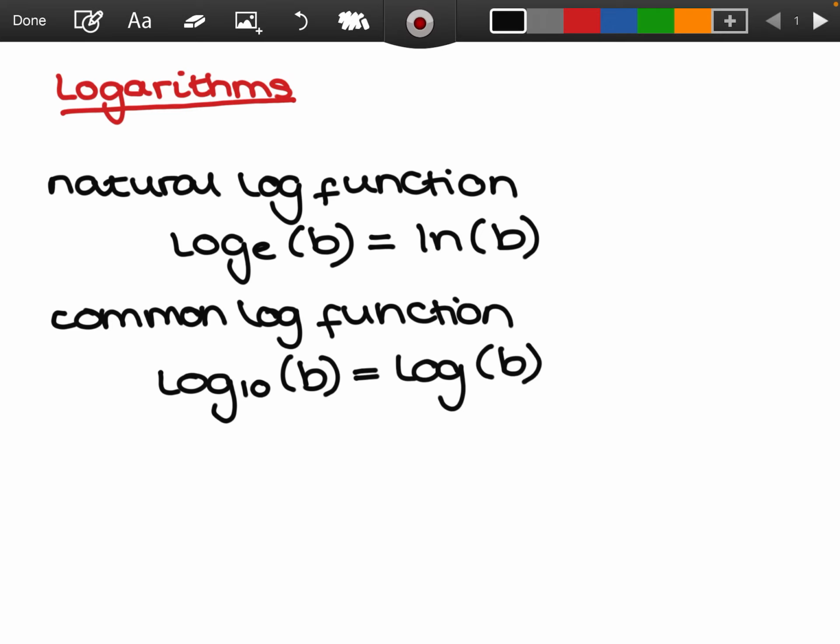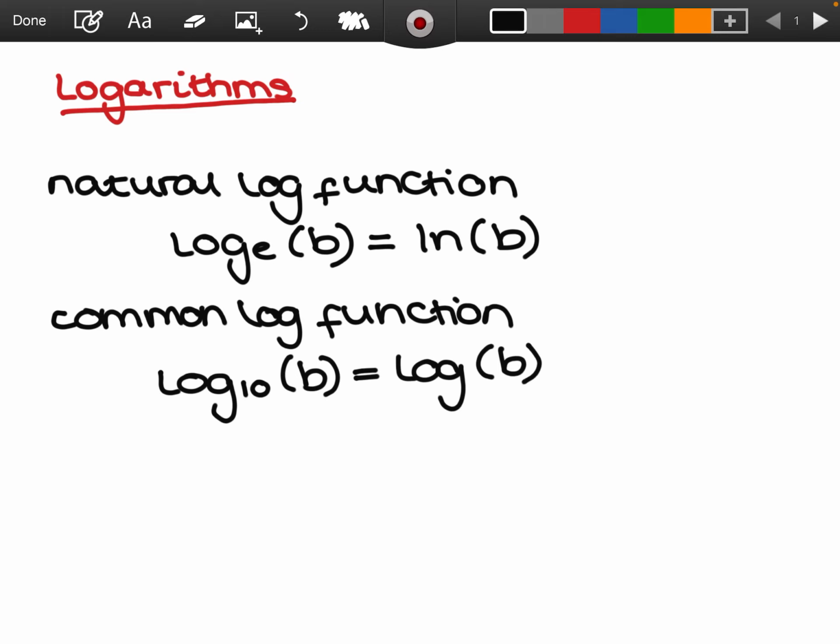We're using a log base 10. Okay, so keep that in mind. We have our natural logarithm function, which is the inverse to the exponential function with base e. And then we have a common log function, which is a log base 10.